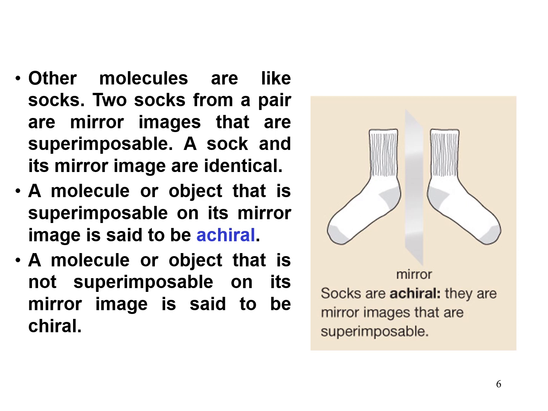So a molecular object that is superimposable on its mirror image is said to be achiral, and a molecular object that is not superimposable on its mirror image is said to be chiral. Socks are achiral, they are a mirror image, and that mirror image is superimposable. This mirror image means that there is a plane, or imaginary line, that passes through the compound that shows what? Superimposability, that is known as achiral.